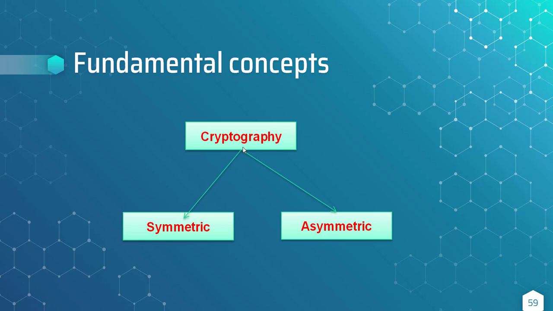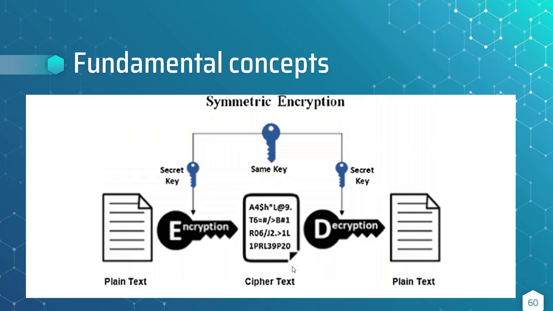We can also divide cryptography into two main classes: symmetric encryption and asymmetric encryption. So let's see what we mean by symmetric encryption. As we see in this figure, in symmetric encryption, the encryption key is the same as the decryption key.